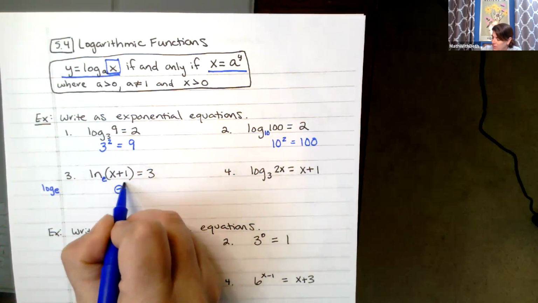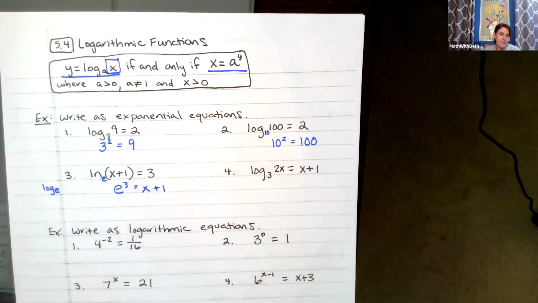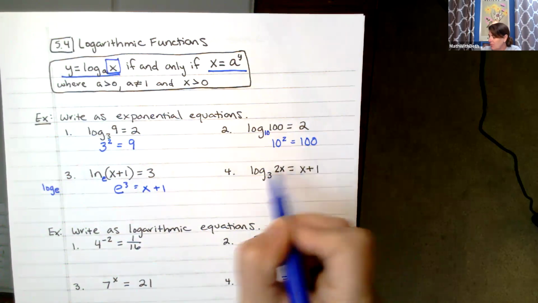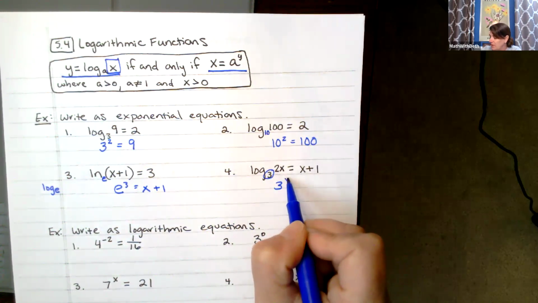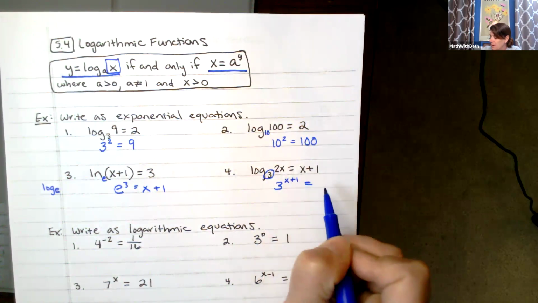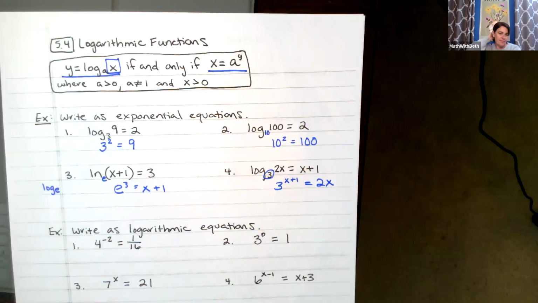So e to the third power would equal x plus 1 in this case. And then if we were solving, we could get the x by itself. Over here, starting with the little base, 3 to the x plus 1 power apparently equals 2x. So again, just practicing rewriting these problems.